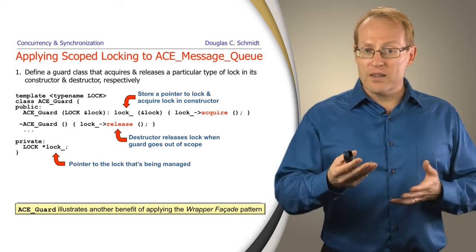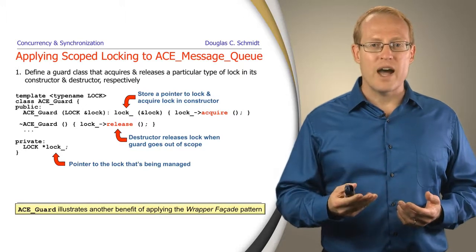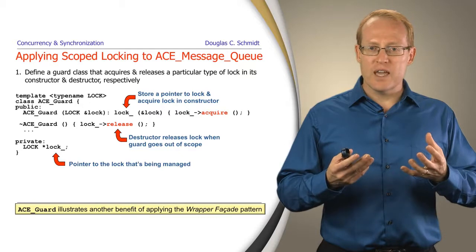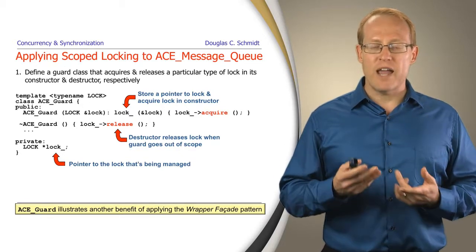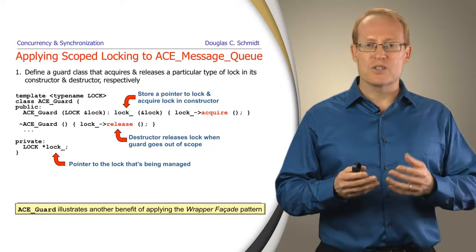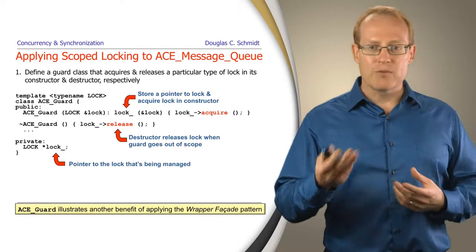The ACE guard that we show here as a helper class also illustrates another reason why wrapper facades are so powerful. Notice that we're using the wrapper facade mechanisms for ACE thread mutex, ACE semaphore, ACE reader-writer locks, and so on. All of those have the same interface. They all have acquire and release methods.